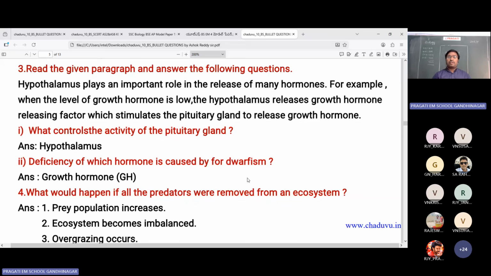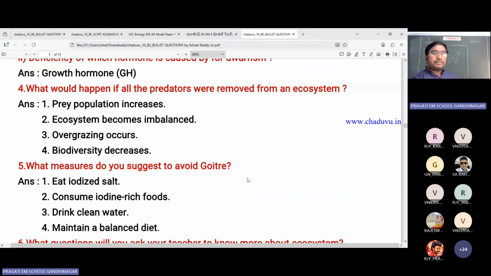Dwarfism, the shortness, is related to GH, that means growth hormone, which is secreted by the pituitary gland. Okay, children.